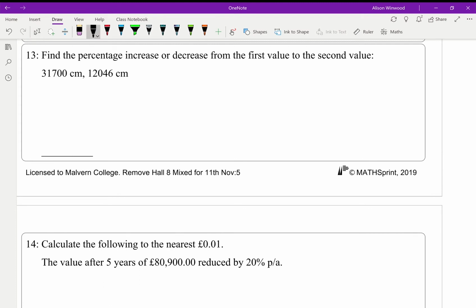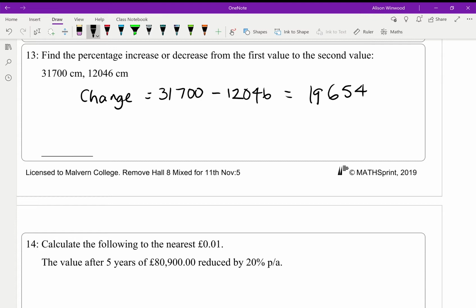The actual change from 31,700 to 12,046 is 19,654.